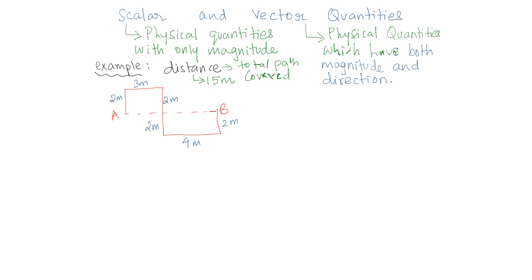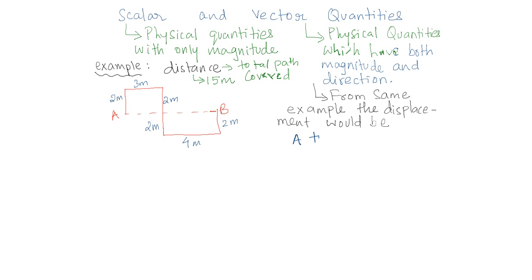Now if I take the same example, the displacement would be something like A to B, which is nothing but your 2 plus 4, which is 6 meter.